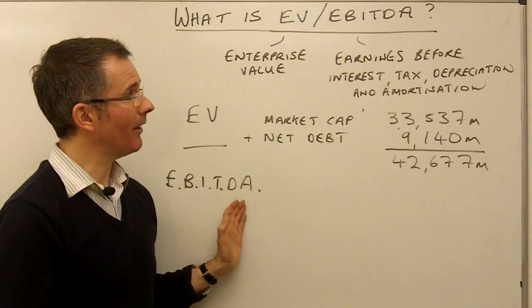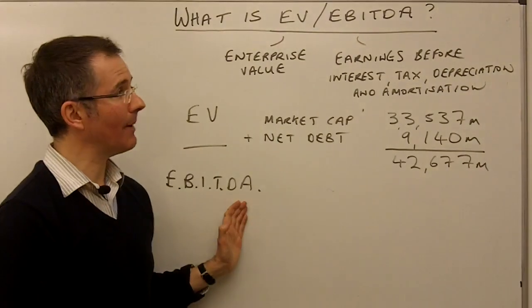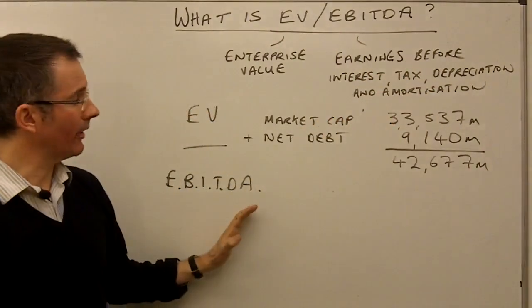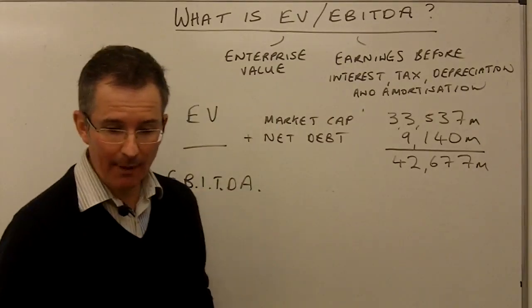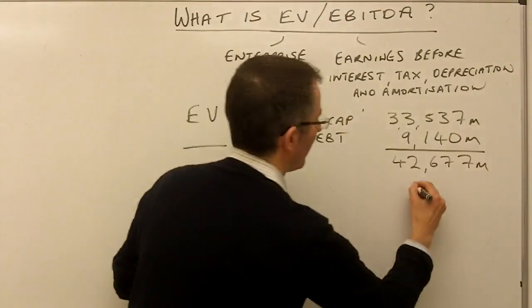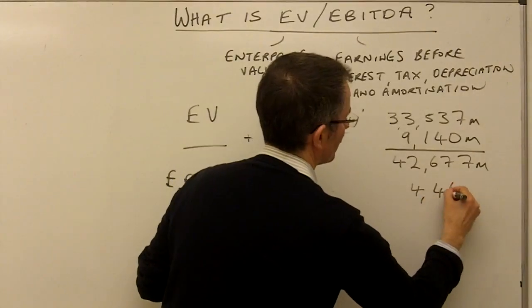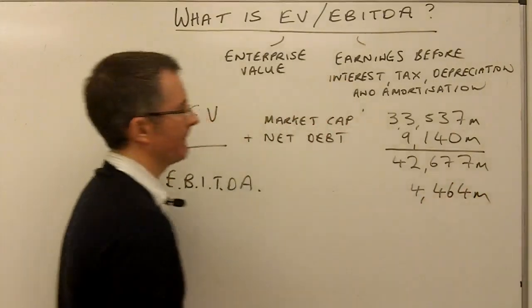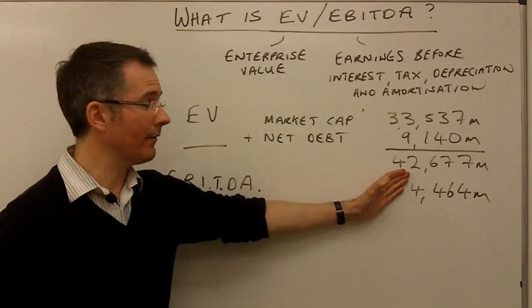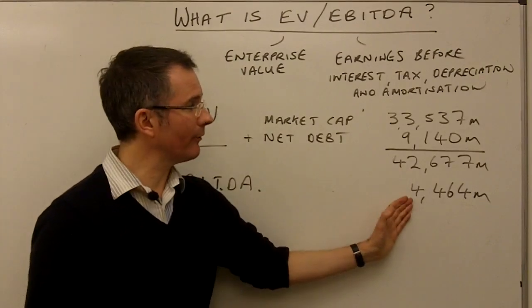We're taking the profit after tax figure and stripping out these four items. And in Tesco's accounts, that would leave you with an EBITDA number of around 4464. Again, in millions. So enterprise value is 42,677, EBITDA 4464.